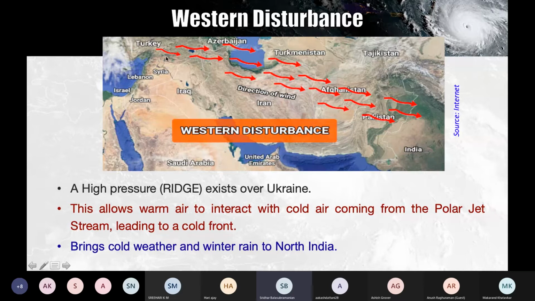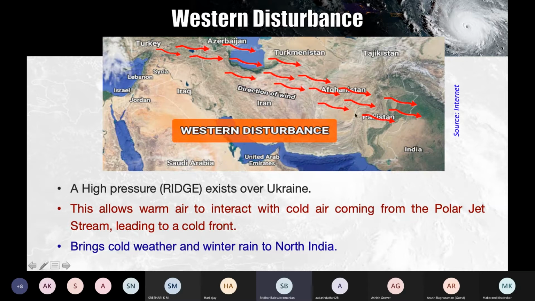What it does is it allows the air between different levels, especially between the 500 millibar level and the 850 millibar level, to interact, because this high pressure, so high pressure means warmer air, correct? Air is warm. So warm air is coming.